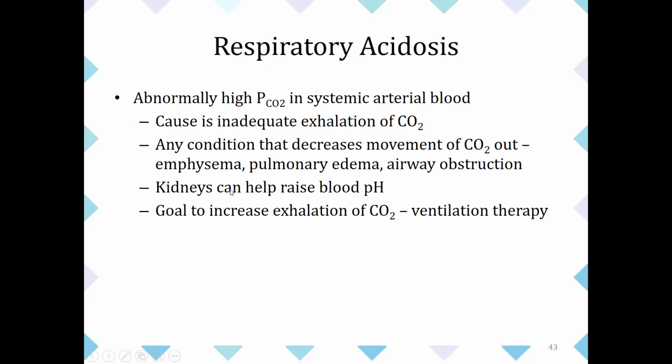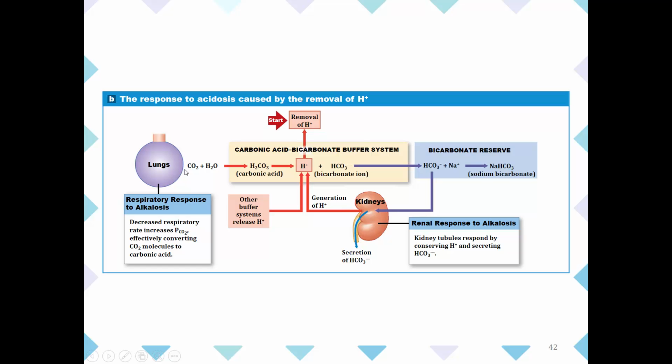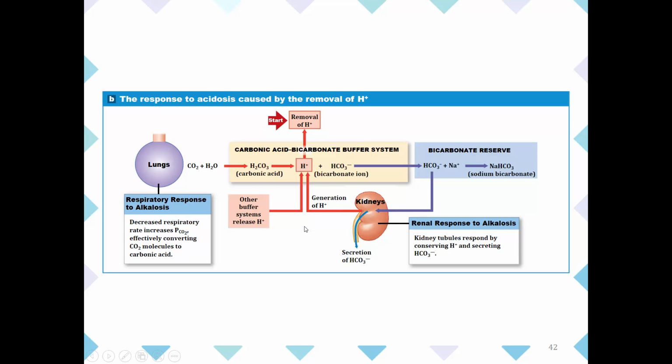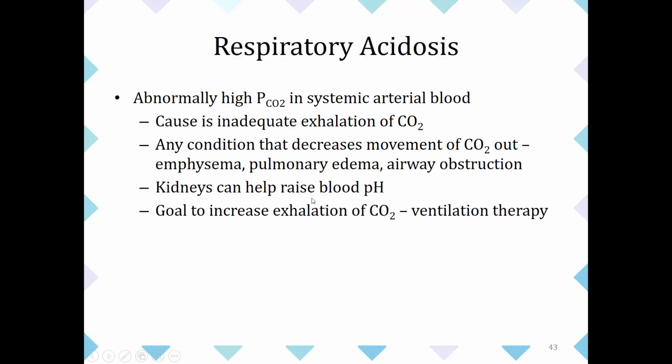So here the kidneys compensate. They dump that hydrogen ion, and that can bring blood pH back up to normal. Now, overall, long term, you want to do ventilation therapy because the goal is to help repair those lungs. But immediately, the kidneys can help even that out.